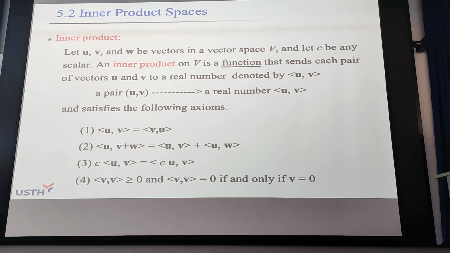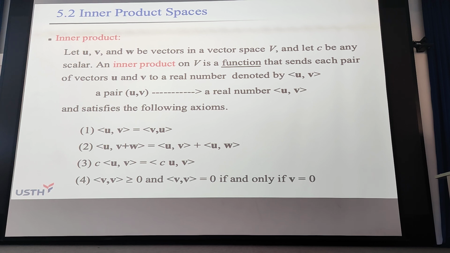Suppose that V is a vector space. Now we define an inner product on V. An inner product on V is a function that sends each pair of vectors U and V to a real number, denoted by U, V inside the angle brackets like that.